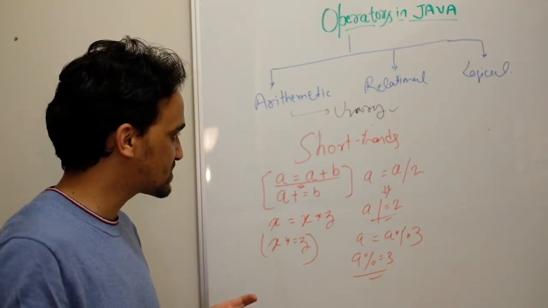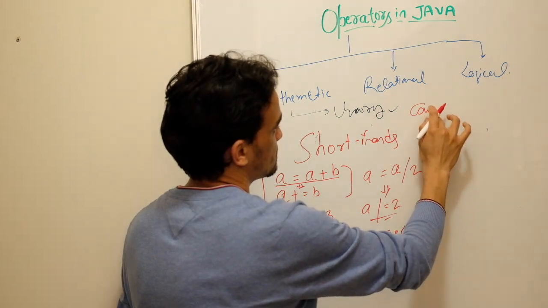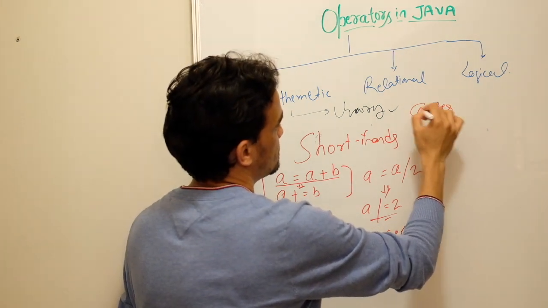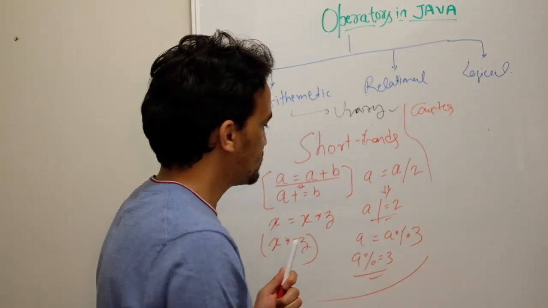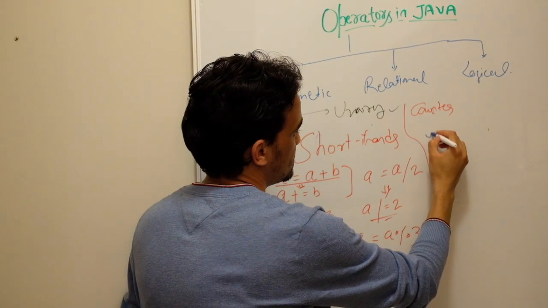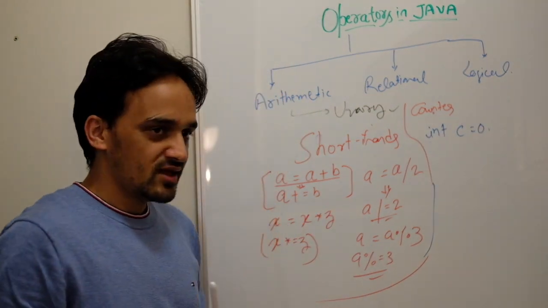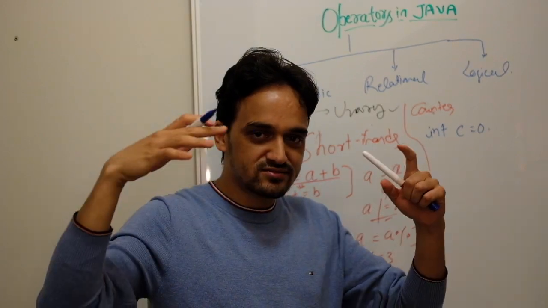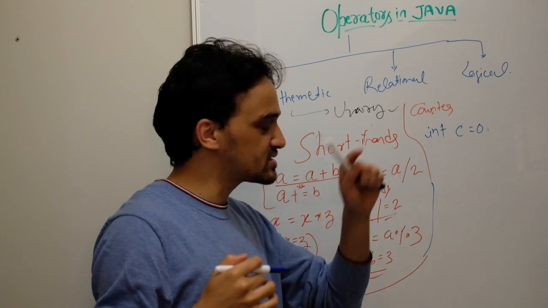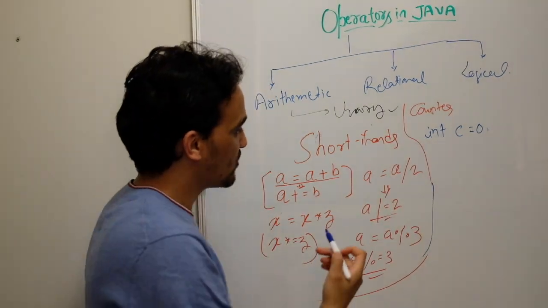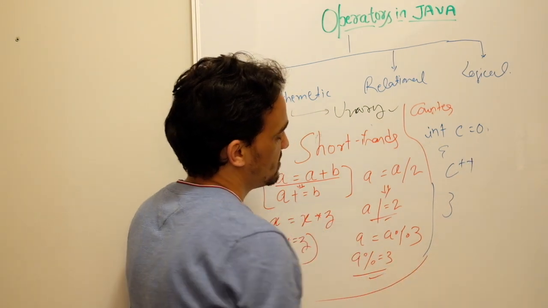One more quick thing we want to talk about: counters. Counters are a very simple concept in Java. Let's suppose you have int c equals 0, and you are writing a program, and after a certain condition you want to increase this counter, the c value. How are you going to write it? Inside the condition you will say c plus plus.